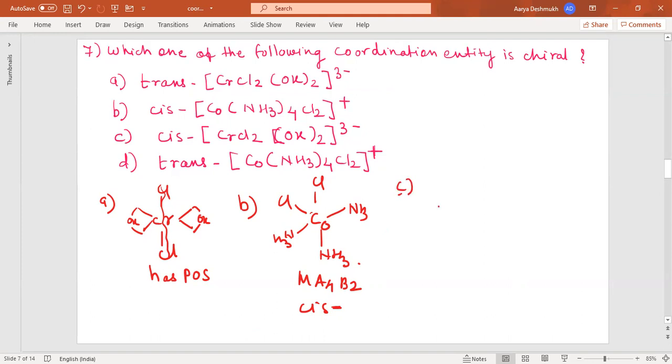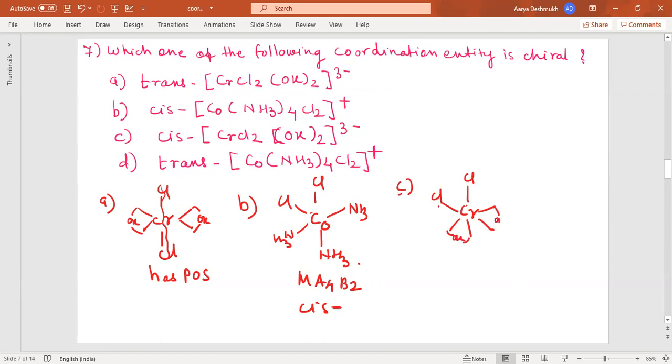Third is [CrCl2(ox)2]. Instead of this, you can draw the structure for this also. The third one, Cl, Cl. This should again be a cis.